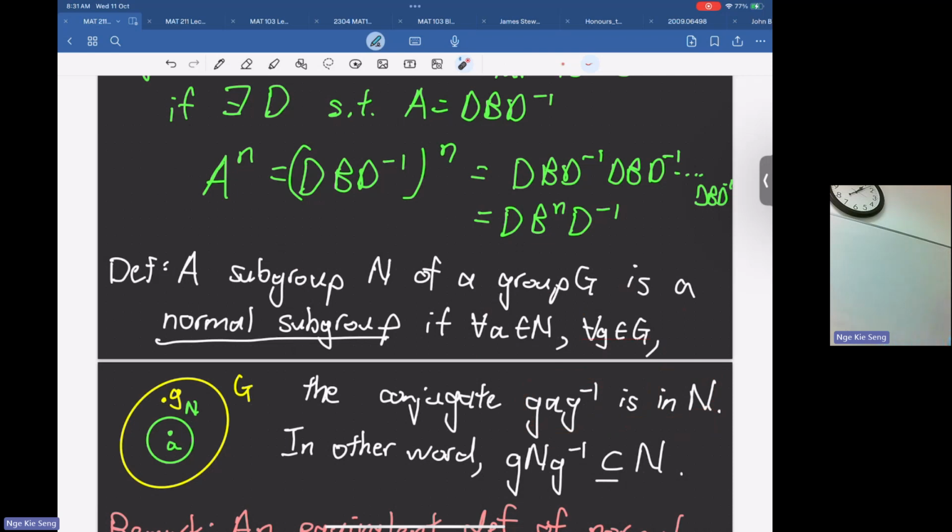To prove something is in the kernel, what does it have to satisfy? Under the homomorphism, it will be mapped to identity. This is what you need to show.